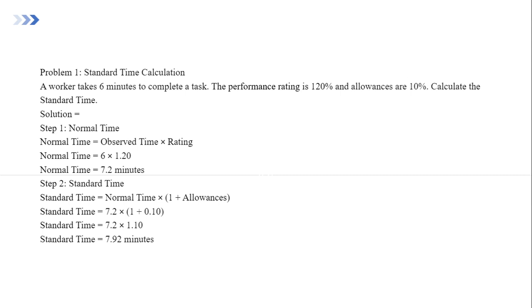So the normal time is 7.2 minutes. After calculating the normal time, we can calculate the standard time, which is the normal time multiplied by 1 plus the allowance. The allowance is 10%, which we consider as 0.10, and the normal time we got in step 1 is 7.2. So the answer is a standard time of 7.92 minutes.